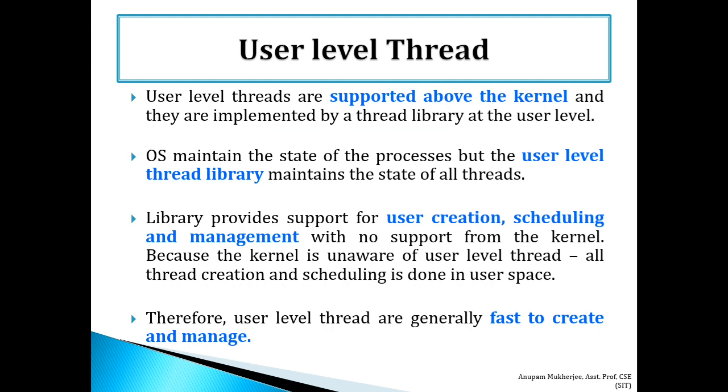So the OS maintains the state of processes and the user level thread library maintains the state of all threads. The library provides support for thread creation, scheduling and management with no support from the kernel. Because the kernel is unaware of user level threads, all thread creation and scheduling is done in user space.